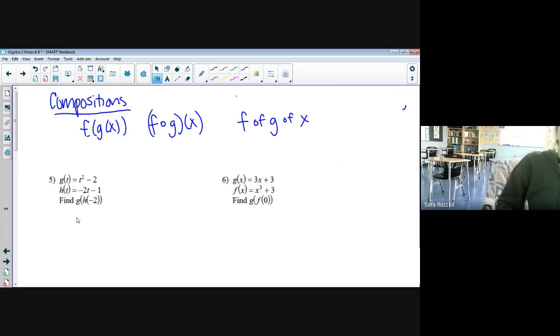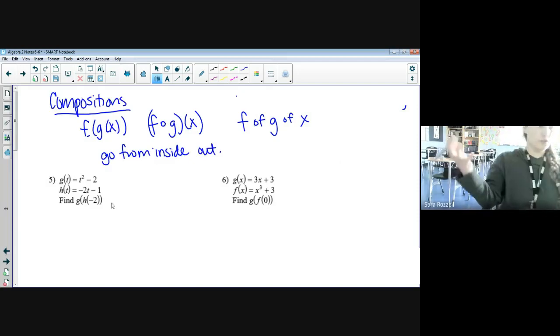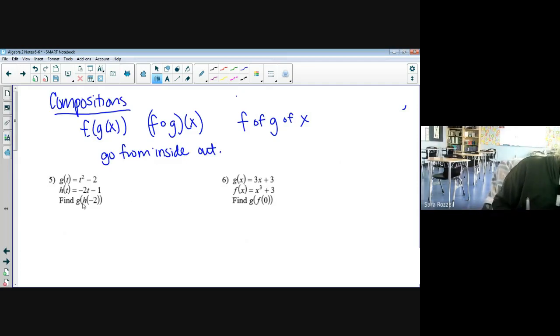Okay, so we go from the inside out. Doesn't that follow your order of operations, that you do your parentheses, the stuff on the inside, and then you build your way to the outside? So we're going to work on what we have on the inside first. That was h of -2, right? That's my inside.